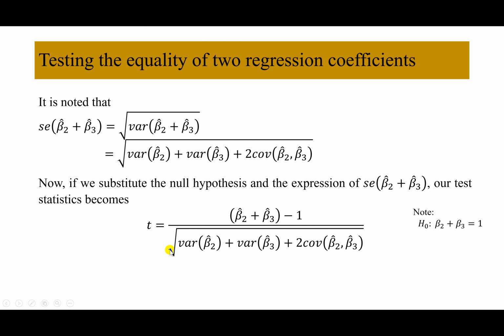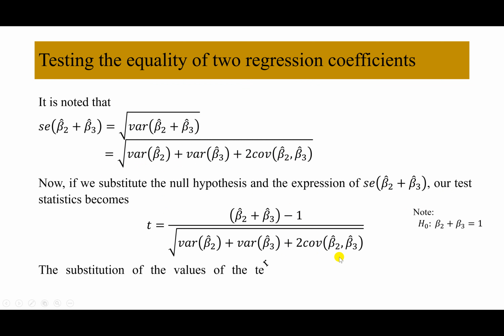So the denominator gives us the standard error of beta hat 2 plus beta hat 3, which we have already shown is equal to the square root of the variance of beta hat 2 plus the variance of beta hat 3 plus 2 times the covariance of beta hat 2 and beta hat 3.